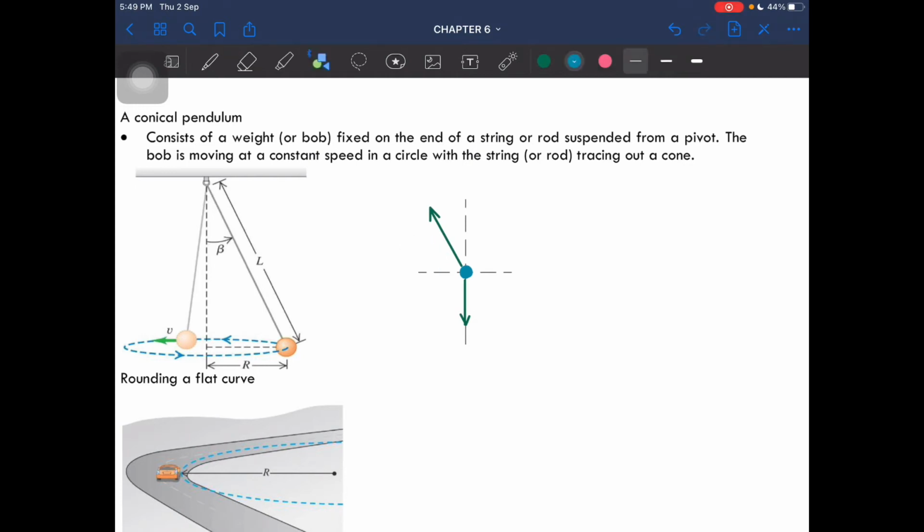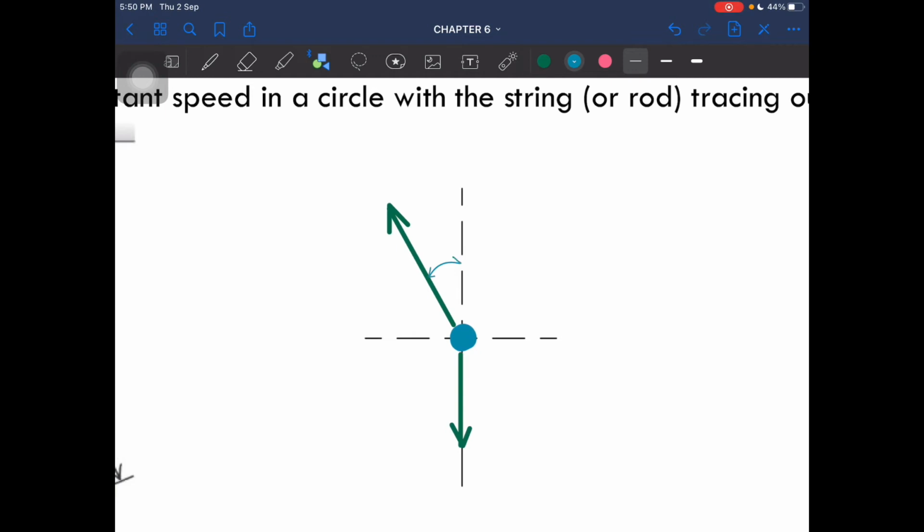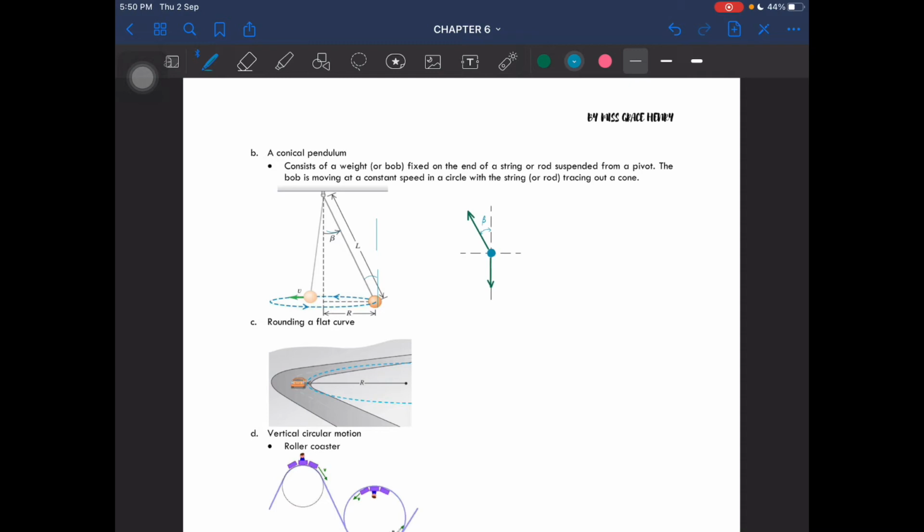If we draw this here, beta is here. The angle beta is here. So this is mg, this is tension. Okay, so that is the free body diagram for this conical pendulum.